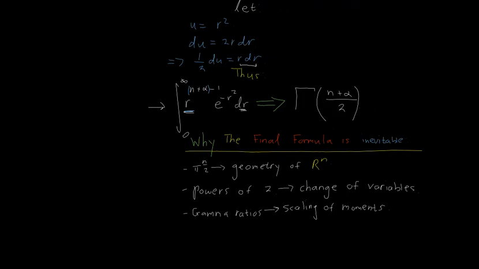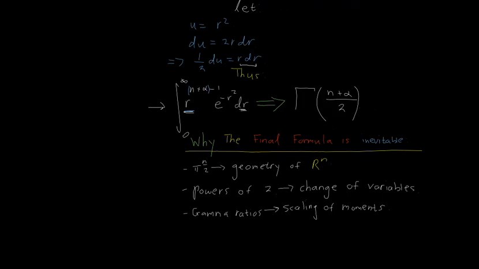So that's number one. Number two is powers of 2 implies that you have to have some sort of chains of variables. These are really important hints and common misconceptions that students have that I'm putting here. Pi to the n over 2 implies a geometry of Rn, that's very important.